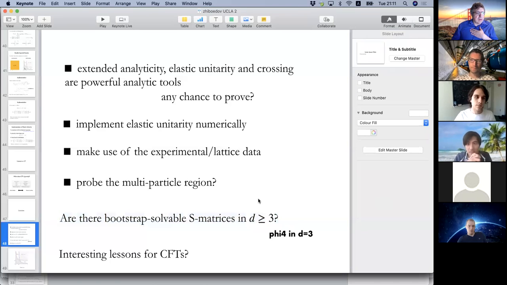So can I ask one question? Yeah, go ahead. With this numerical method that you were proposing, can you get the pion scattering in 4D from these analyticity constraints? And then can you compare that? People are starting to measure 2 to 3 scattering of chiral Lagrangians on the lattice.